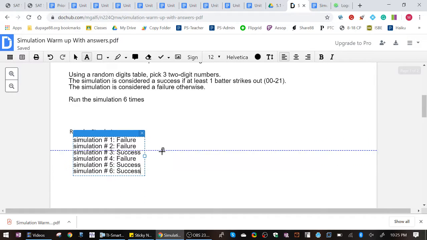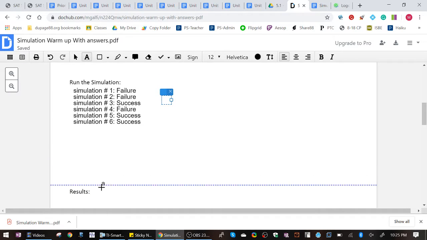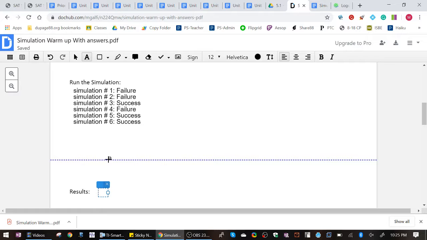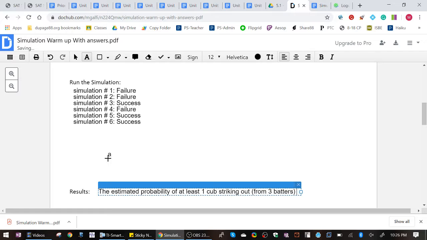Now after I run the simulation, I've got to conclude. In order to conclude, I'm going to figure out how many successes I had. So we'll say the estimated probability of at least one Cub striking out from 3 batters is, and then I just have to look.